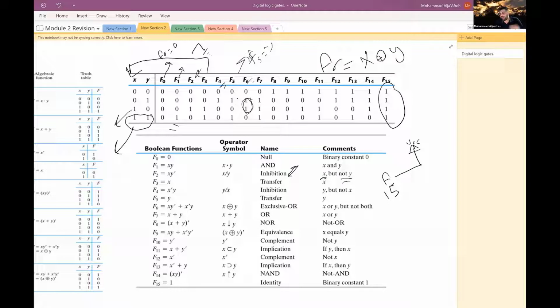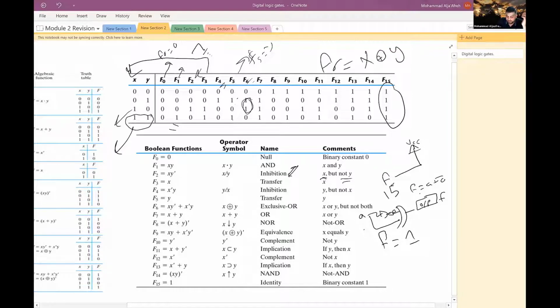At lab 2, you will be asked to simplify a function, and I'm giving you a hint that the function at the end will be equal to F equal to 1. So how are you going to implement it on Quartus? Suppose this is an output pin, and that is F. You don't need to use the input. For instance, you have A, and you could OR A with the inverter of A to get 1, because F equal to A plus A prime is equal to 1.